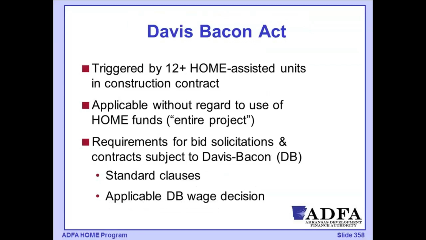For the HOME program, this is triggered when we have 12 or more HOME-assisted units within a construction contract. So, for instance, we talked in earlier modules about the fact that because we're able to do cost allocation, we might have a 60-unit new construction rental project that might, based on the funding and the cost allocation process, have, let's say, 11 HOME-assisted units, and that would be called out within that written agreement.